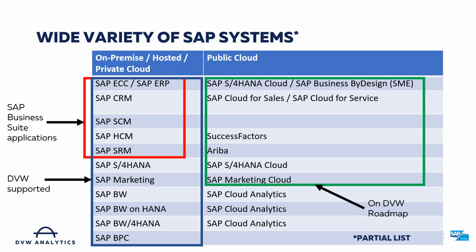Collectively, these different products were referred to under the banner of an SAP Business Suite application. Now, the nice thing about this is even though they have different functional focuses, the underlying architecture of those products is the same. And then from our perspective, as a vendor that enables data to be extracted from various SAP systems into Alteryx, it provides us a nice touch point, a common way of integrating or interacting with those SAP systems.